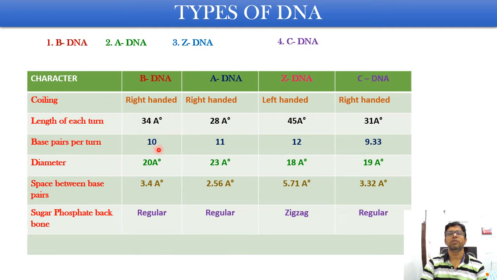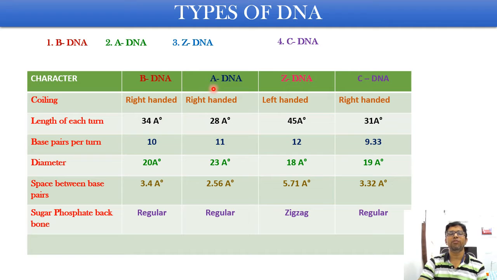The diameter of the helix is 20 angstroms, the space between two successive base pairs is 3.4 angstroms, and the sugar phosphate backbone is in a regular arrangement. The structure proposed by Watson and Crick is bDNA.